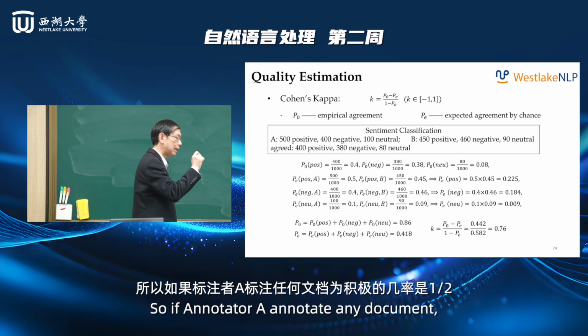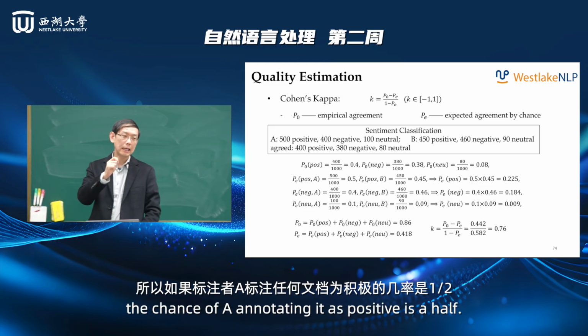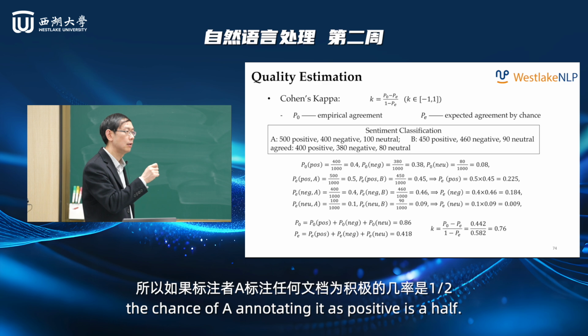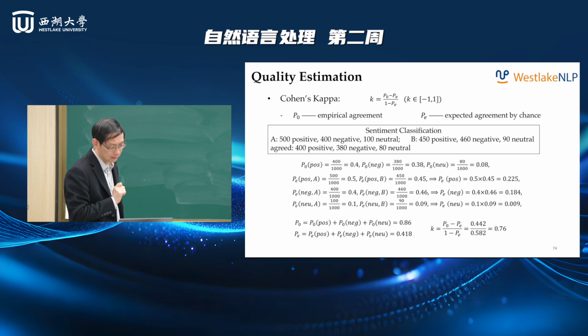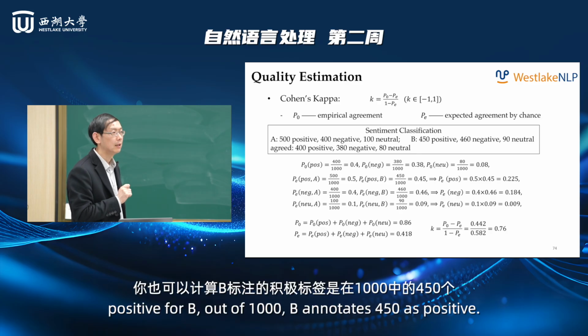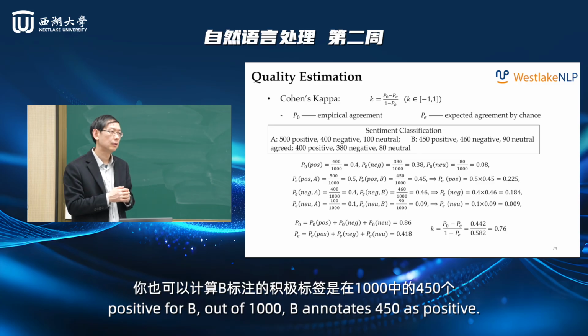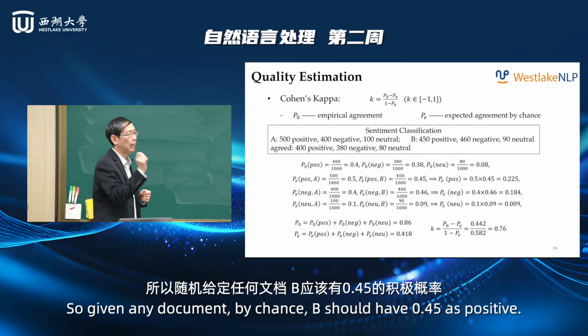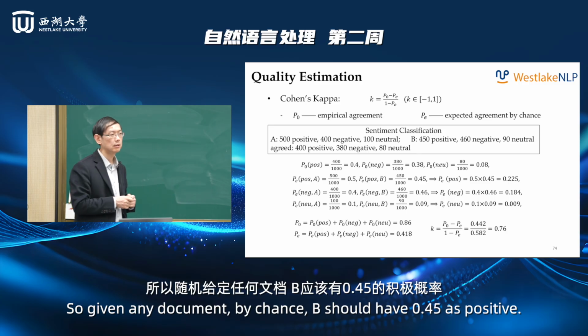So if annotator A annotates any document, the chance of A annotating it as positive is a half. You can also calculate that for B. Out of the 1,000, B annotates 450 as positive. So given any document, by chance, B has 0.45 as positive.